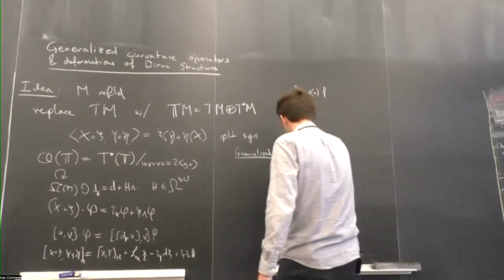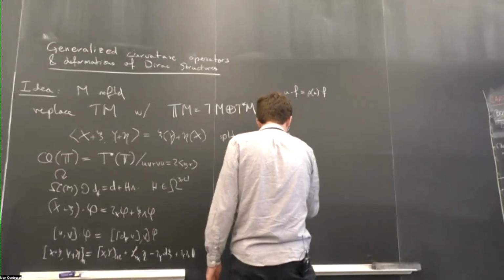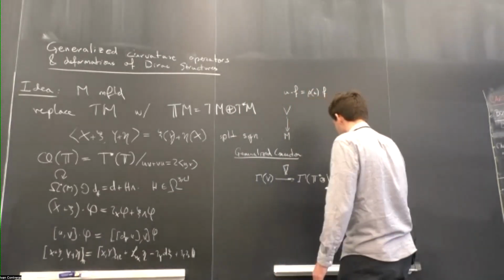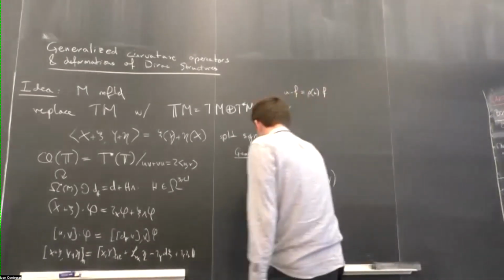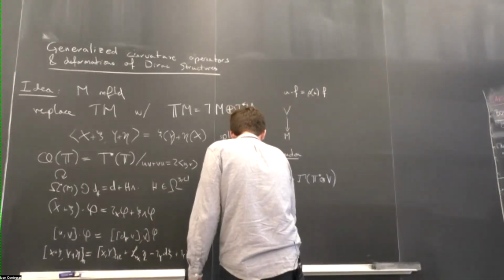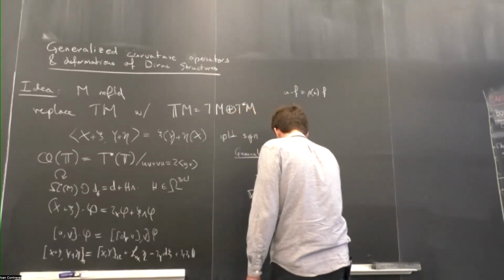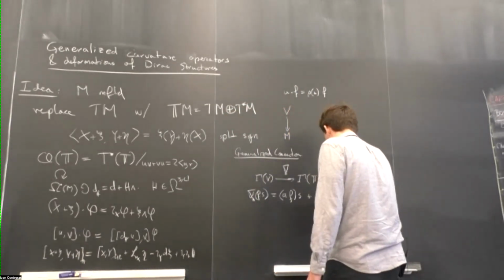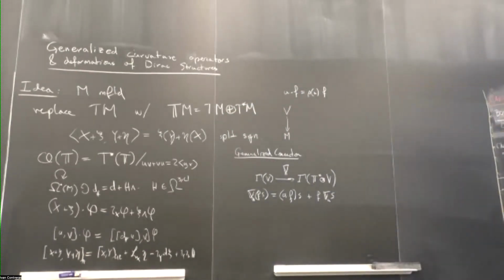So it's just going to be some operator taking sections of this vector bundle to sections of bold T dual tensored with the vector bundle. And it should satisfy a Leibniz rule, the usual thing. You can act on f, of course, and then also you can act on s. Okay. And so, well, what are these things really?